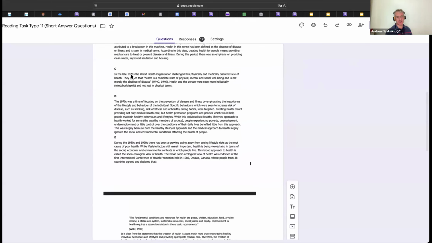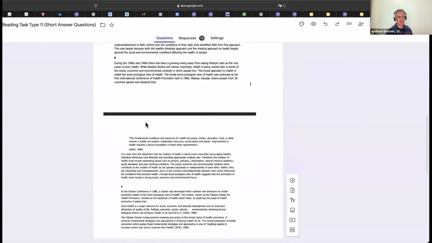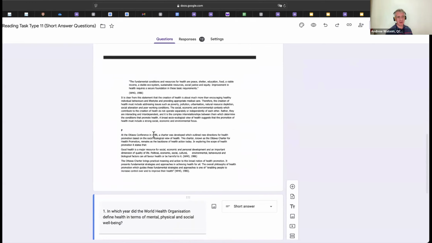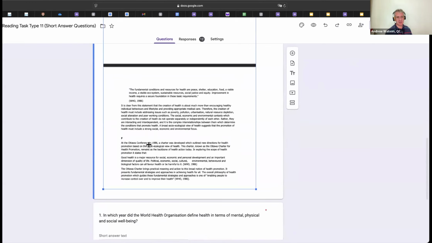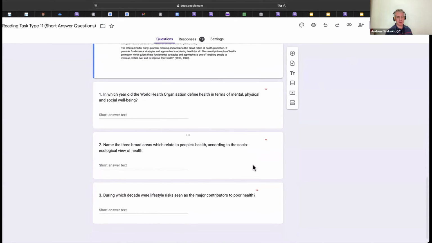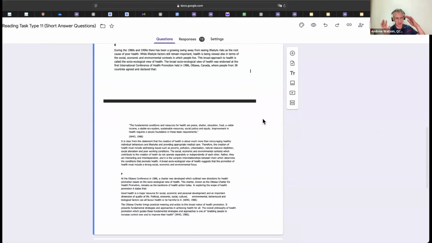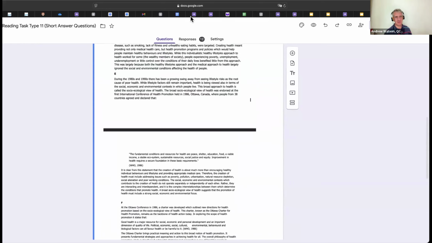It doesn't say 1940. 1986 is definitely a year in F, isn't it? So this is where the reading for detail comes in. You've kind of got to zoom in on the paragraph. Read closely.